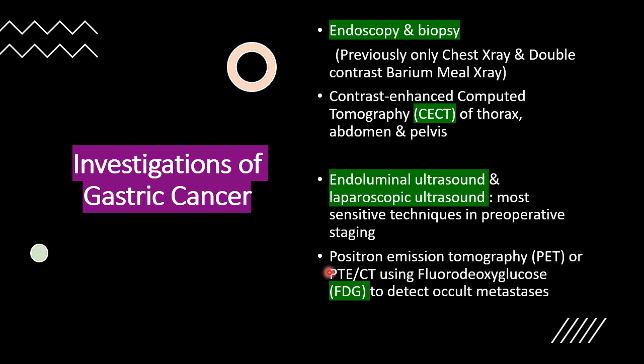In some patients, you may want to do a positron emission tomography, PET scan, together with CT scan, using fluorodeoxyglucose (FDG) to detect occult metastasis.